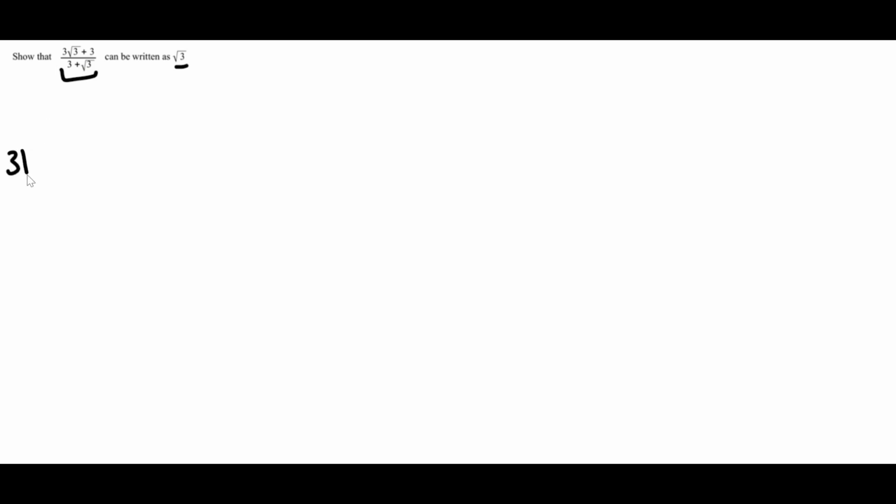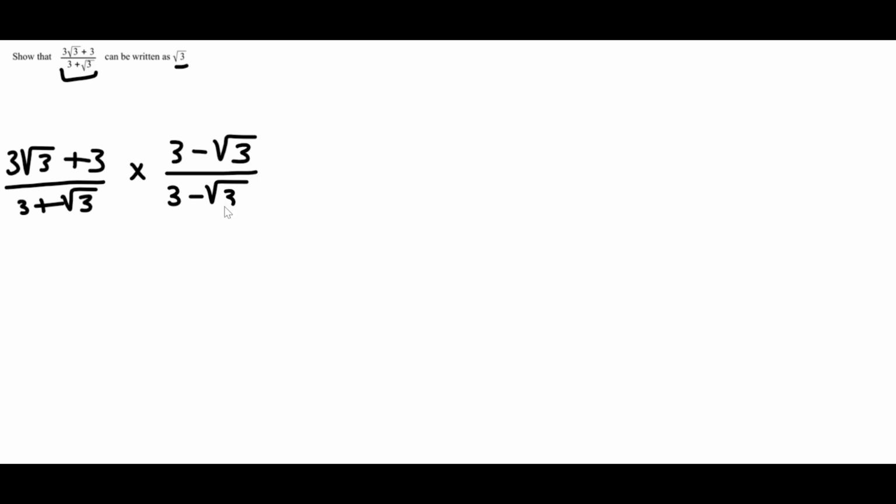That will give us 3 root 3 plus 3 over 3 plus root 3 multiplied by 3 minus root 3 over 3 minus root 3, and again multiply across.